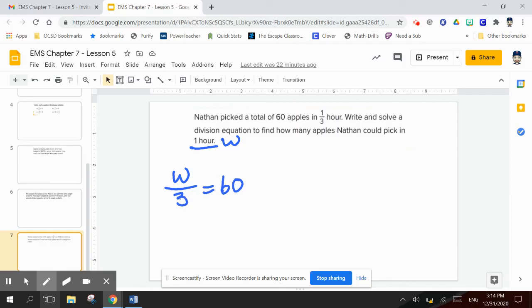So how many total apples could he pick? I would have to multiply each one by 3. Cross simplify before I multiply. I'm left with my variable W equals 60 times 3, which is 180 apples.